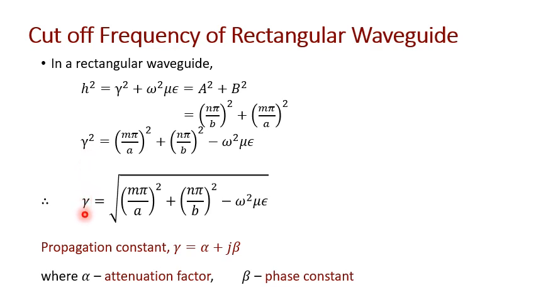Taking the square root on both sides, gamma is equal to root of m pi by a the whole square plus n pi by b the whole square minus omega square into mu epsilon. Propagation constant gamma is equal to alpha plus j beta, where alpha is the attenuation factor and beta represents the phase constant.